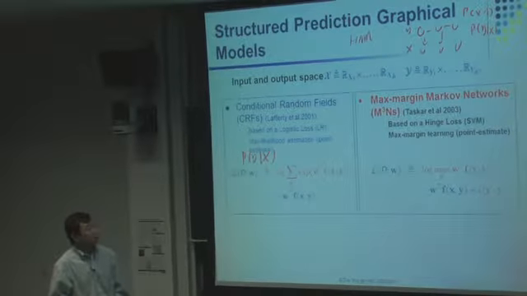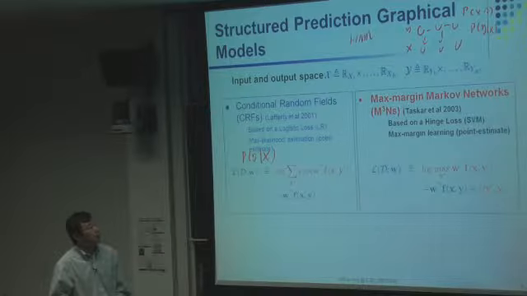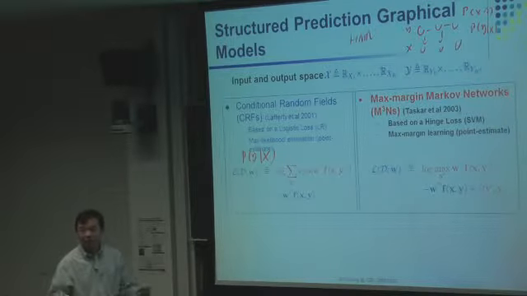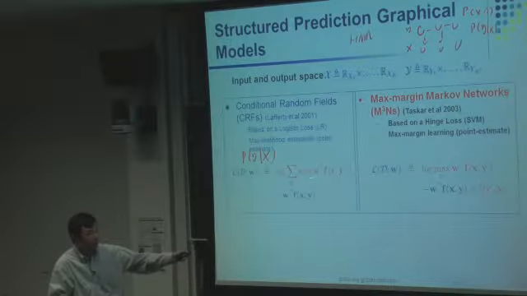And if you still remember, the form of that function, you probably can recall that this conditional likelihood on structure label given the structure input is actually also a logistic loss. Right? It is an exponential function over some weighted sum of features, which actually takes this form.